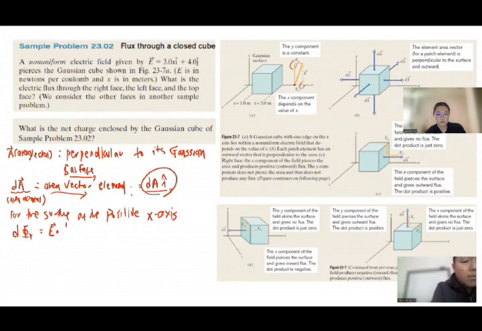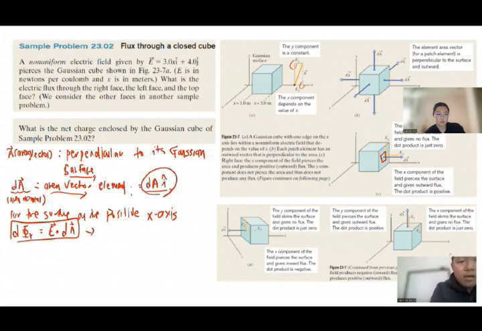So that is the flux passing through the small area dA on that face. Now the next step is to estimate the total flux through that surface.